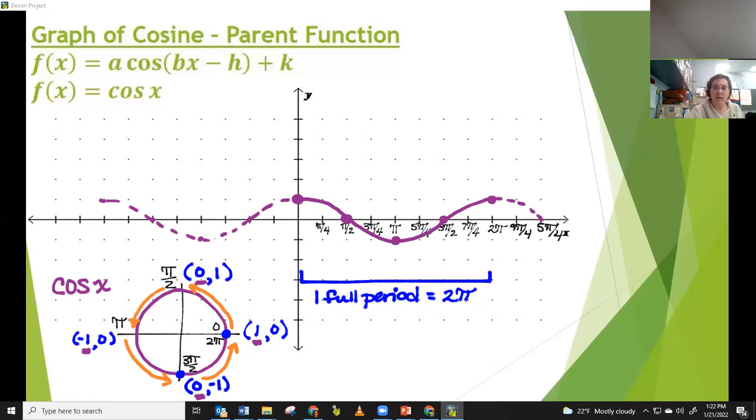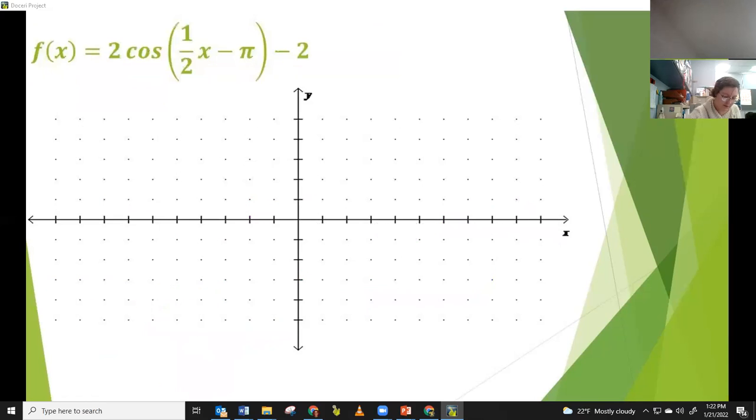All right, let's try a transformation of cosine, and then we will stop for today. So here comes our transformation. What is the first thing that you notice about this equation that I would need to take note of before I plot any other points? It has an amplitude of 2.